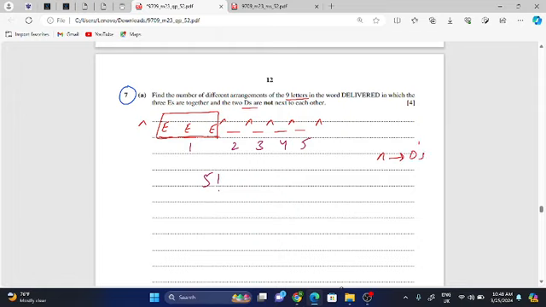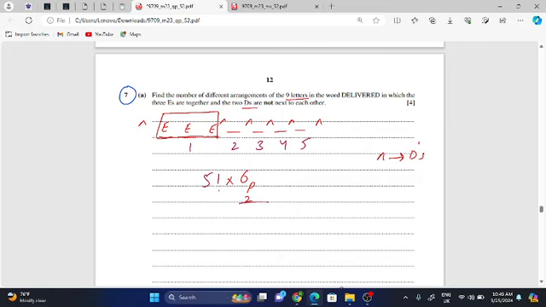So 1, 2, 3, 4, 5, 6. 6 possible positions are there through which I can arrange 2 D's. So 6P2. And how many times is D repeated? 2 times. So you can write 5 factorial times 6P2.